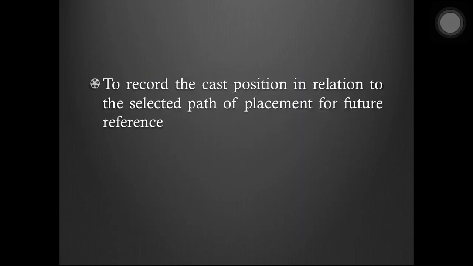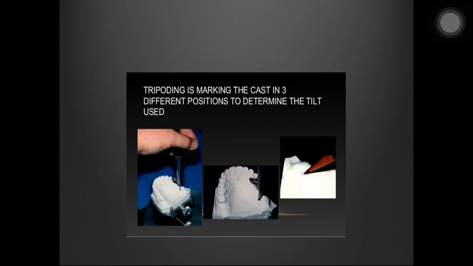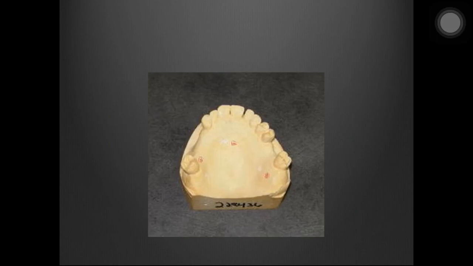To record the cast position in relation to the selected path of placement for future reference. This is also called tripoding. Tripoding is, after selecting a specific path of insertion and removal for a cast, 3 points are made with the surveying tool in different positions, so that whenever that cast is reused on the surveyor, we make these 3 points touch the surveyor tool, and by that we will know for sure that this is the same position that was used before.